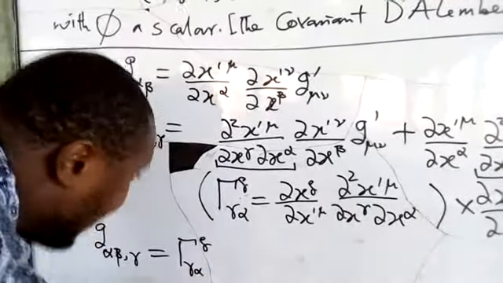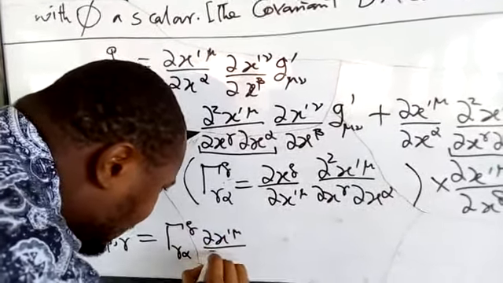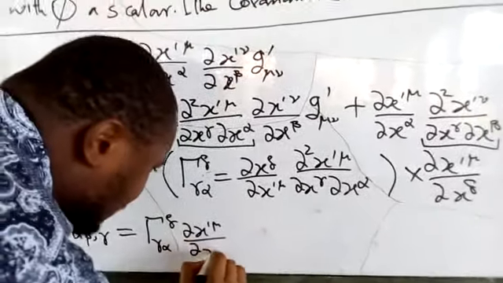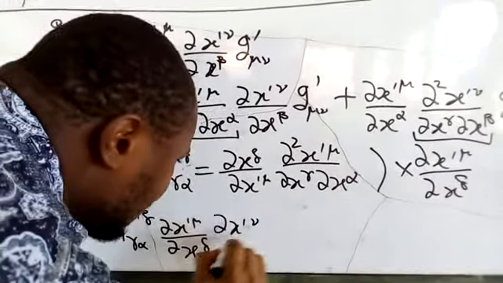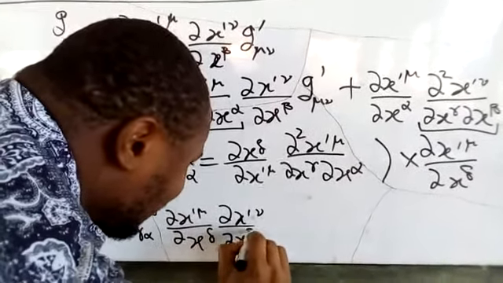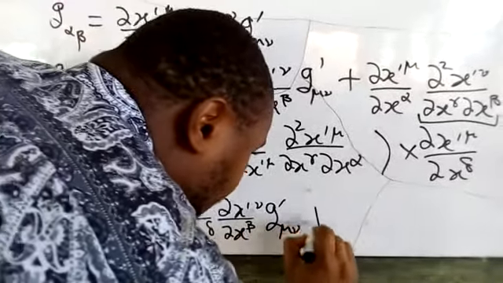So this is going to be gamma, which is our affine connector, alpha, and I have here with me the x prime mu, the x delta, and of course the other differential that is there along the line, the x beta, G mu nu prime, plus.